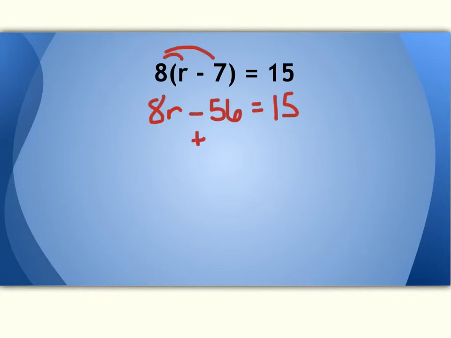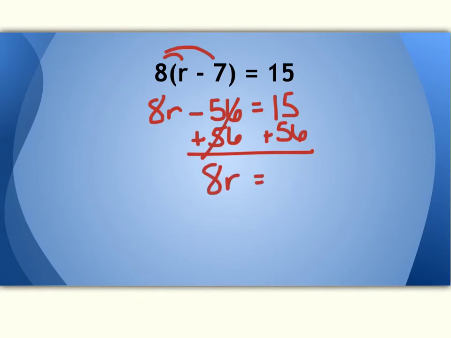I'm going to add 56 first, because negative 56 plus 56 is 0. 8r equals 71. And now I'm going to divide by 8. Now I will get r equals, and now this is where I'm going to get a decimal or a fraction answer, and that's okay at the end of the problem.